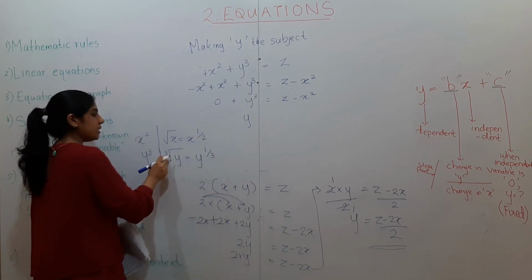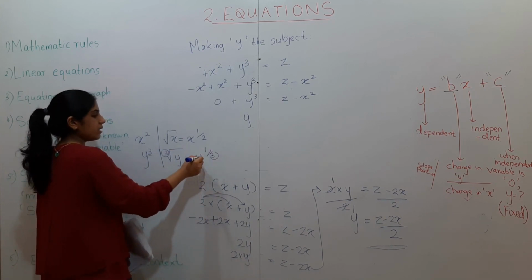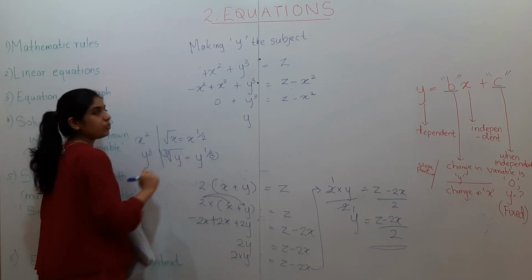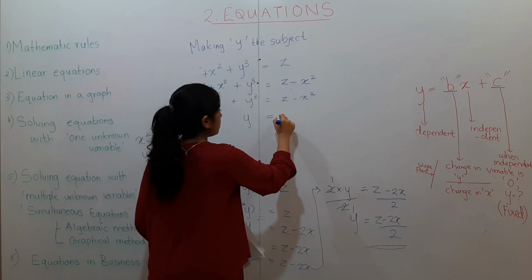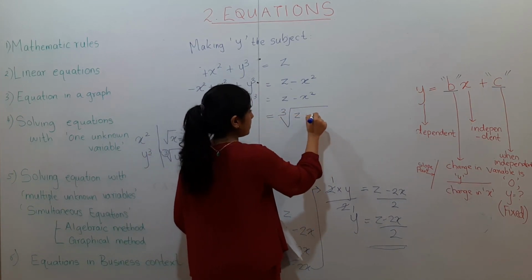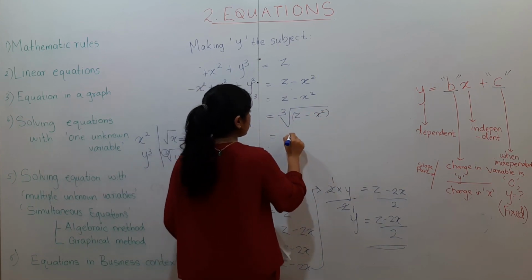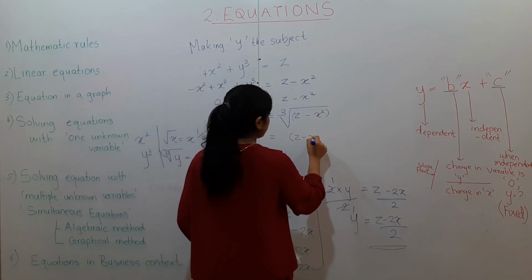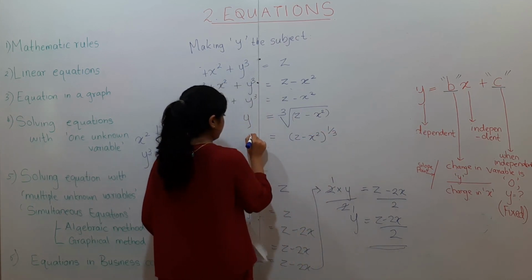Always, this number must be the denominator and the numerator must always be 1. Accordingly, you can write it like this, the cube root of z minus x squared, or you can write z minus x squared to the power 1 divided by 3.